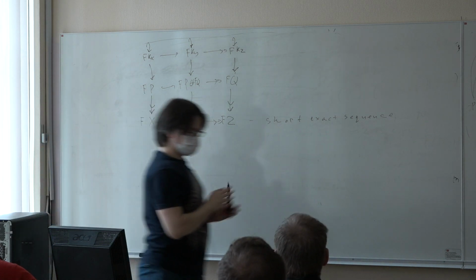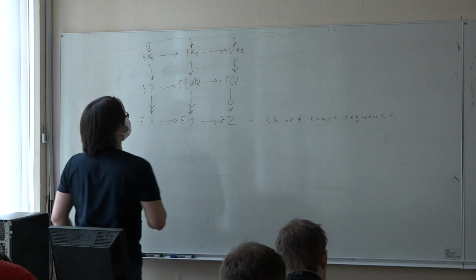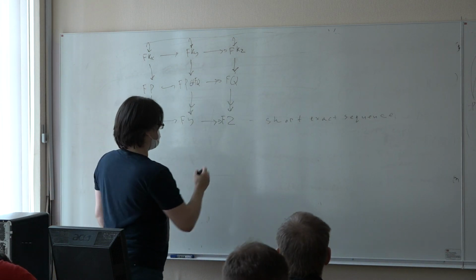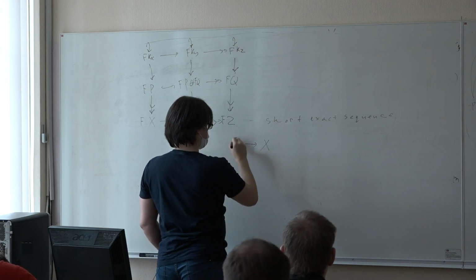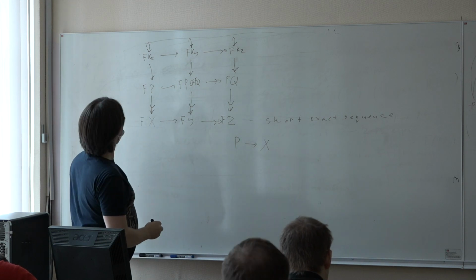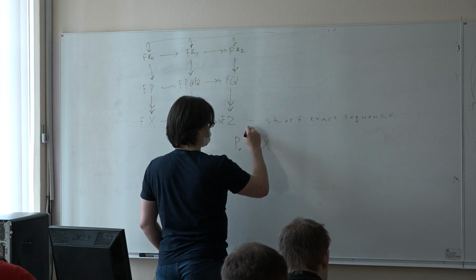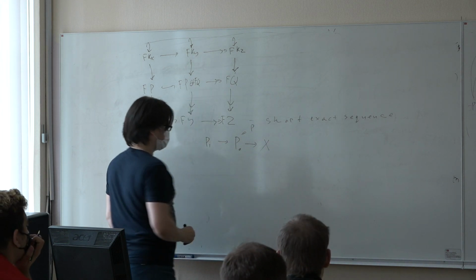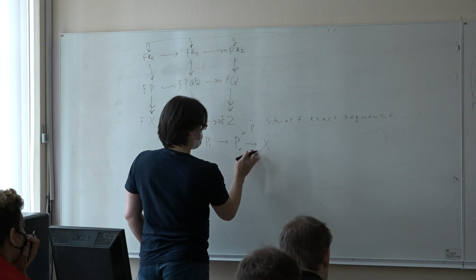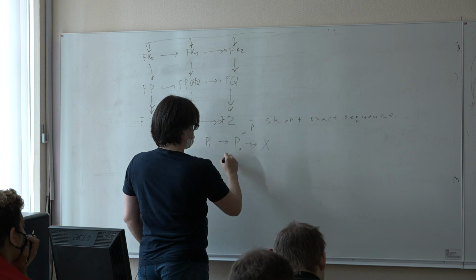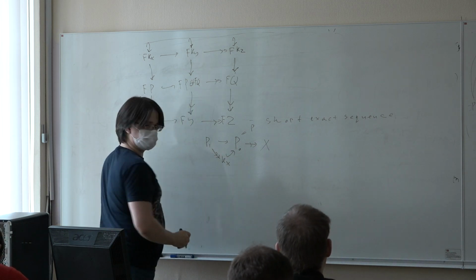Probably let us calculate these kernels. What's this? We take x, for example. We take p, let us denote by p0, 1. So kx is the kernel of this map, and at the same time it's the image of this map.